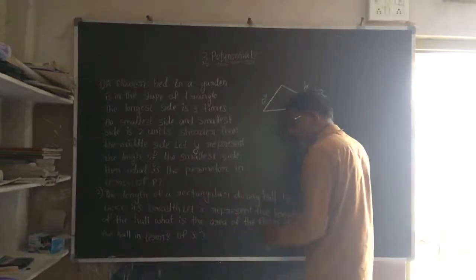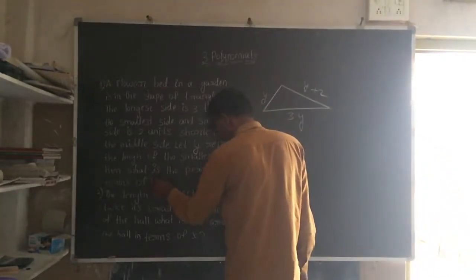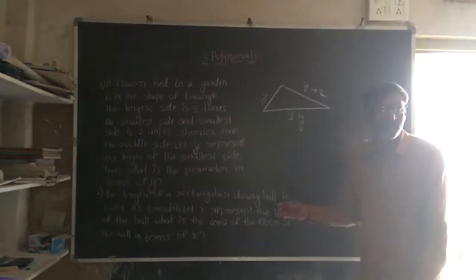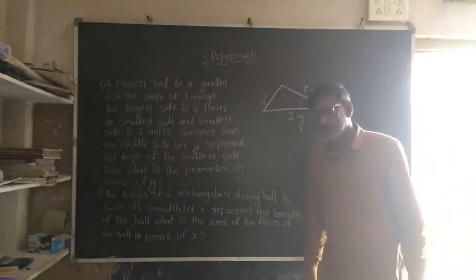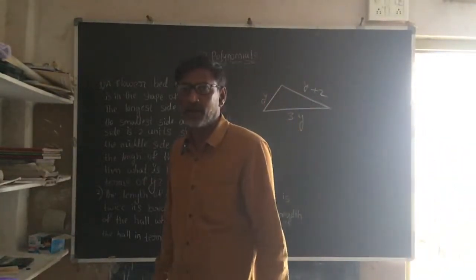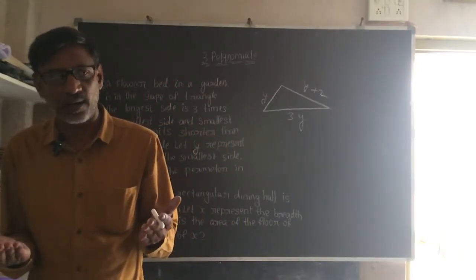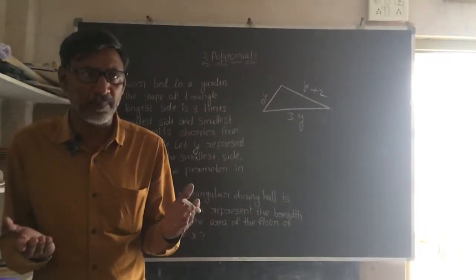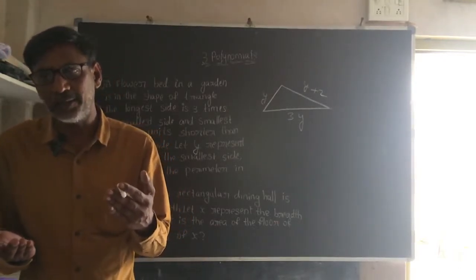Then what is the perimeter in terms of y? Here I have taken y. Okay, clear? Everybody knows how to find the perimeter of any polygon like a triangle, quadrilateral or rectangle, whatever it may be. By adding all sides we get the perimeter, right?